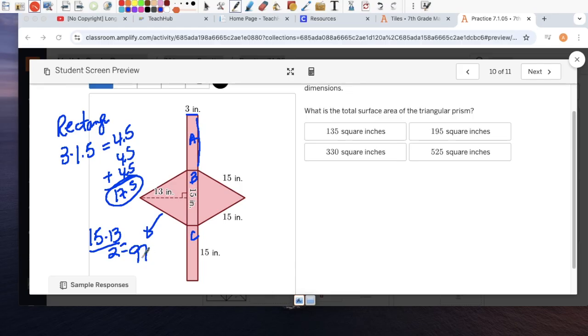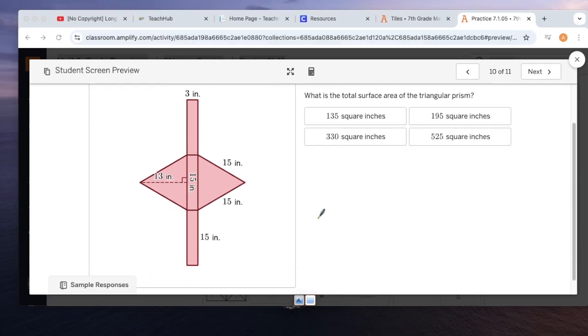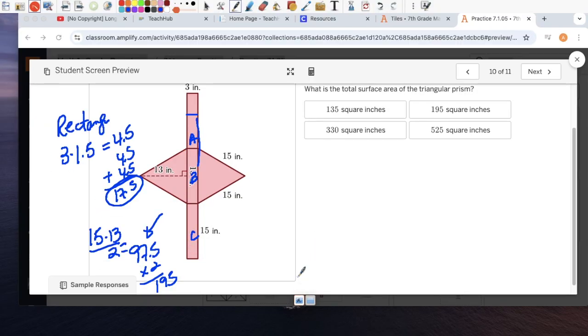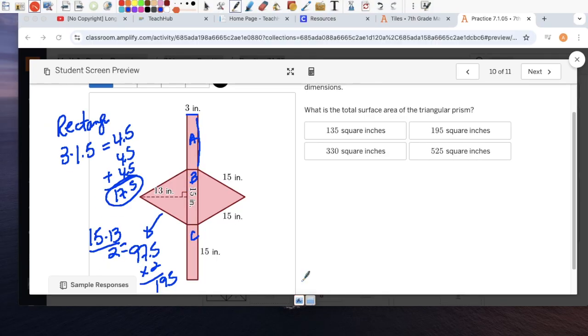Because there's another triangle on the other side that looks the same, we multiply by 2 and get 195. What they want is the surface area of the triangular prism.